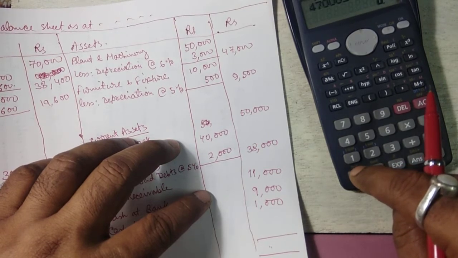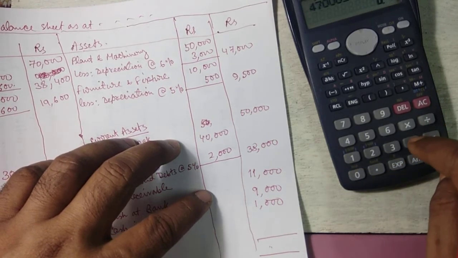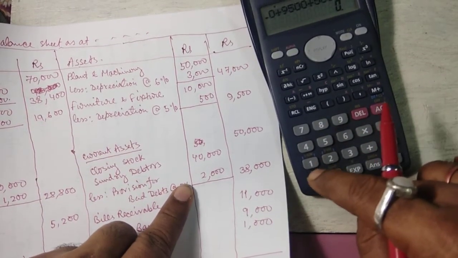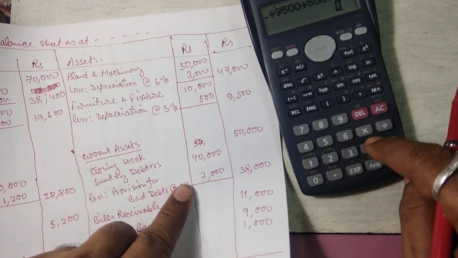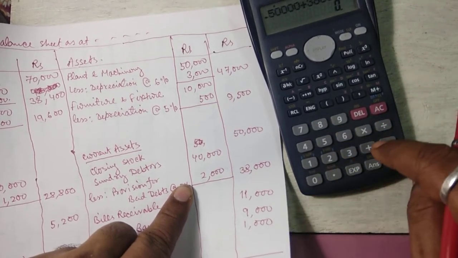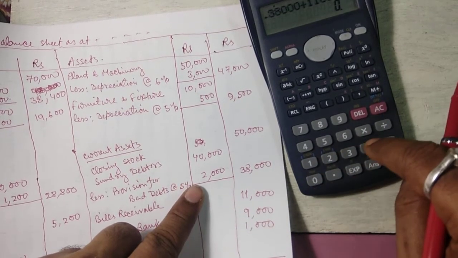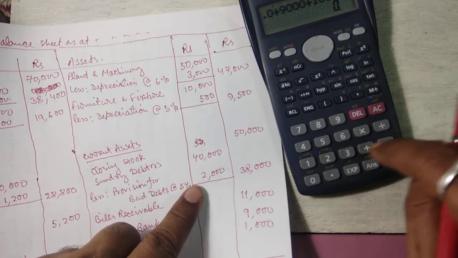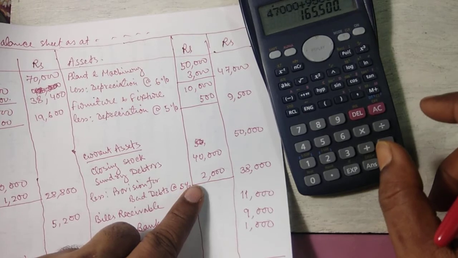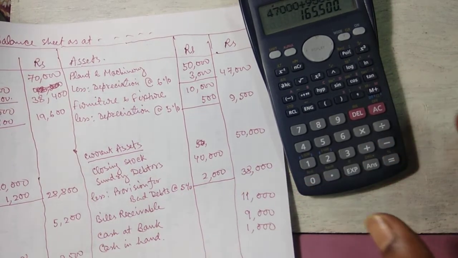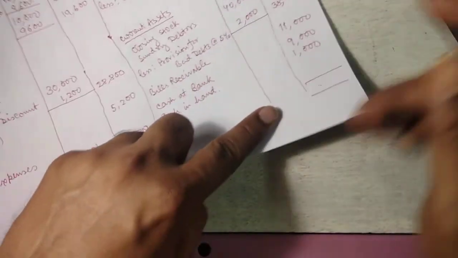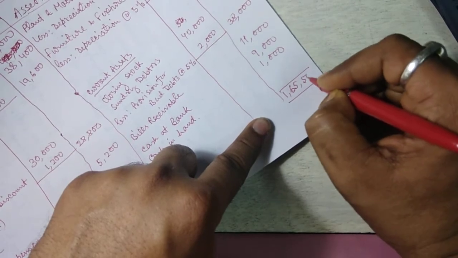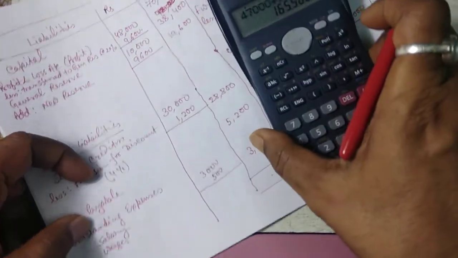47,000 plus 9,500 plus 50,000 plus 38,000 plus 11,000 plus 9,000 plus 1,000 equals to 1,65,500. So clear? 1,65,500. We should write here 1,65,500. Now liability side.